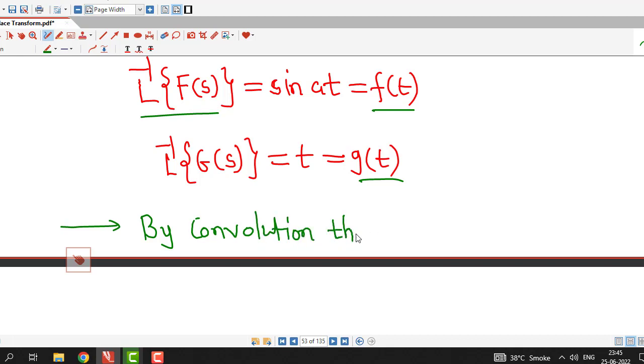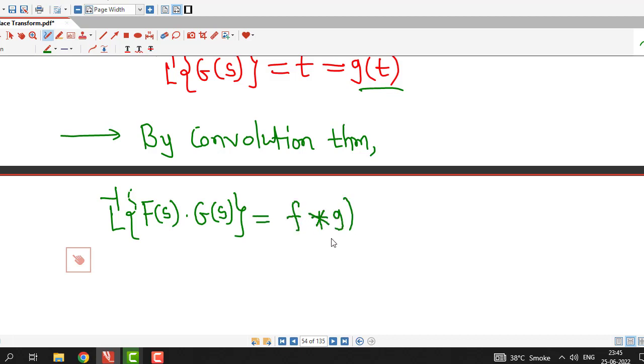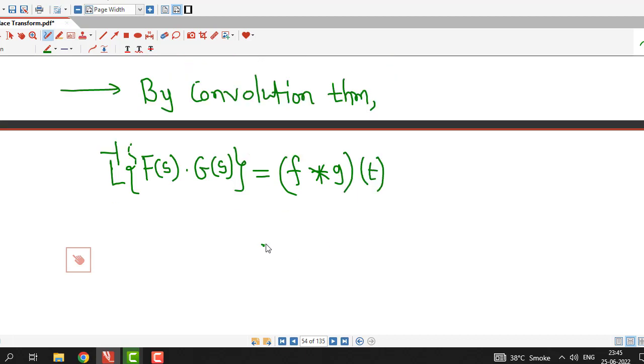By convolution theorem, inverse Laplace transform of capital F into capital G equals the convolution of small f and small g, and by the definition of convolution, this is integral from 0 to t of f of u g of t minus u with respect to u.